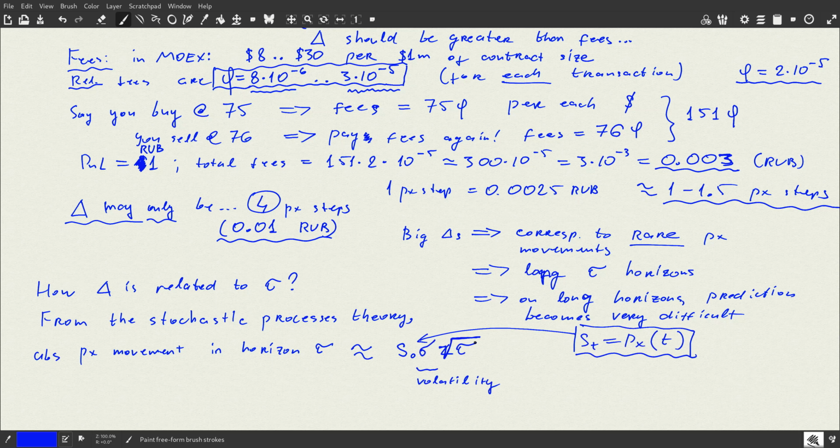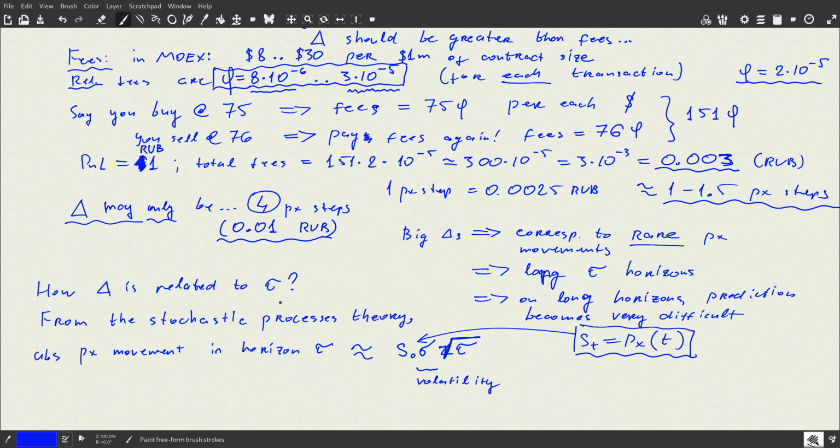So it is proportional to the current price, the volatility, what it exactly means we'll see in a second, and the square root of tau.